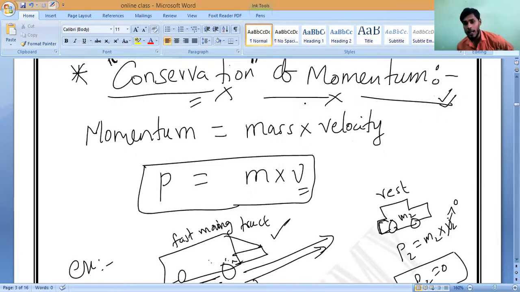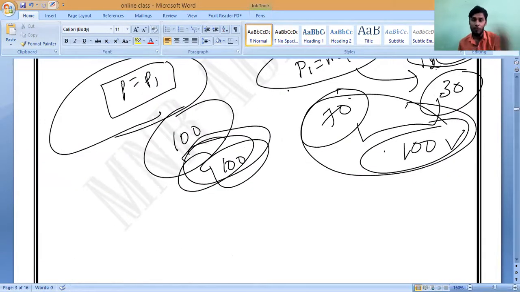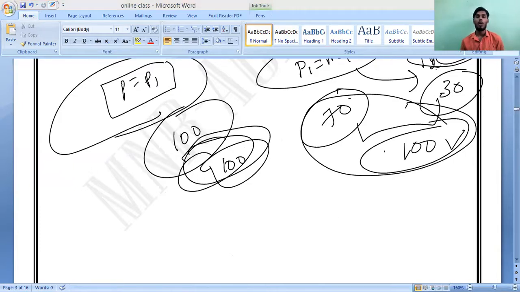That is only called conservation of momentum. It means the momentum before collision and the momentum after collision is equal. What should we call it? Conservation of momentum. Two vehicles are present. Whatever the momentum of the vehicles before collision, after collision also the momentum is equal.